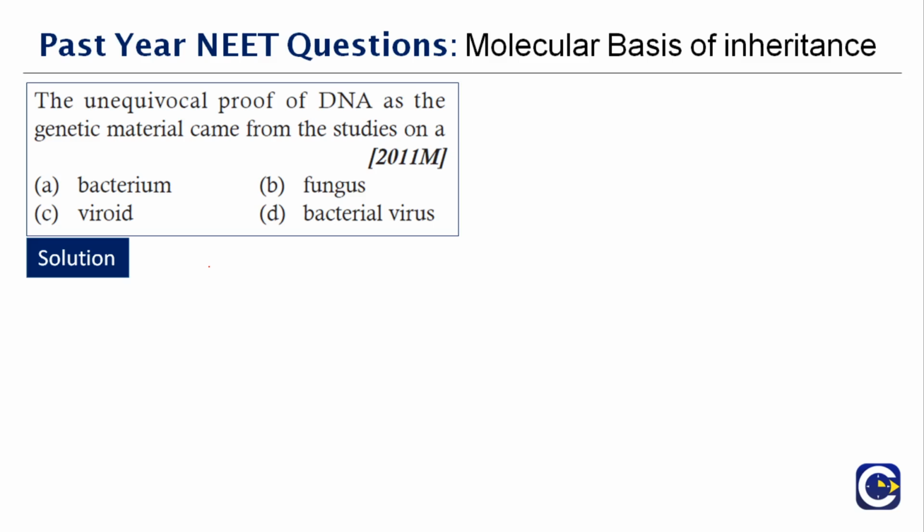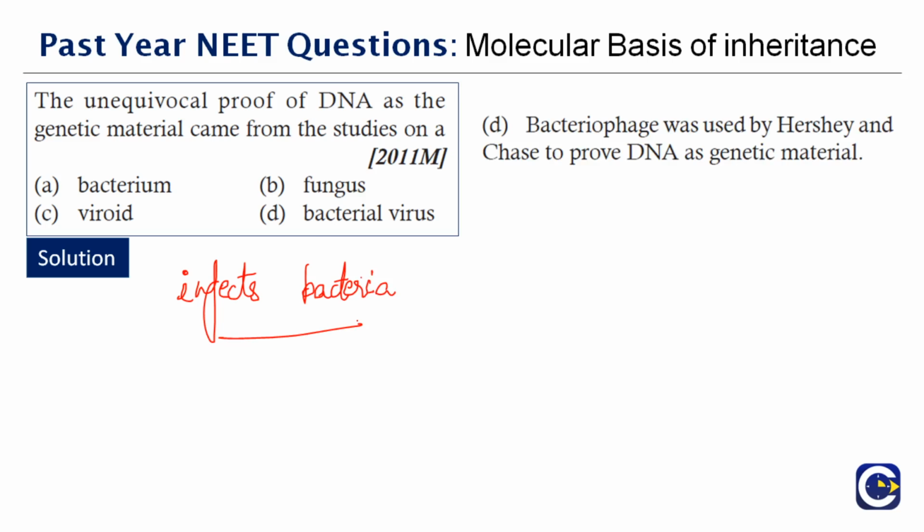Therefore, we considered the bacterial virus, also called bacteriophage, which is the one that infects bacteria. They are viruses, but since they affect bacteria, it's simply called bacteriophage. Therefore, the right answer is option D.